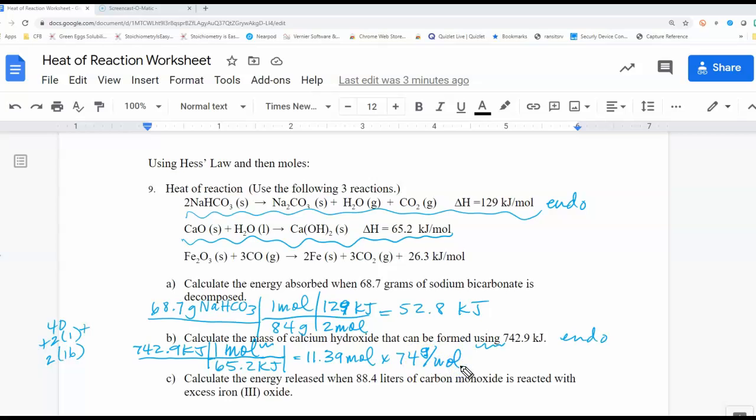And when I multiply that, I am going to end up with 843 kilojoules will be used in that reaction. Sorry, that won't be kilojoules, will it? It will be grams of Ca(OH)2. Okay, and then calculate the energy released when 88.4 liters of carbon monoxide is reacted with excess iron 3 oxide.